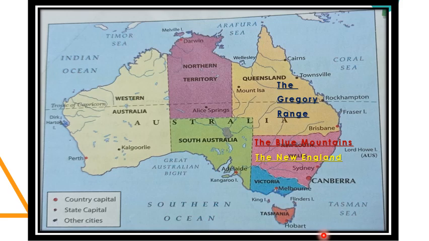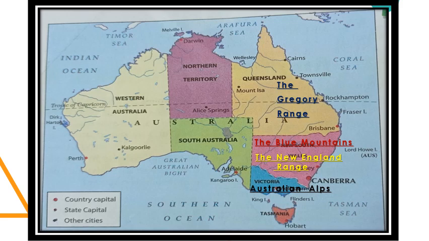Coming down, after New South Wales we have the Victoria state. In the Victoria region, the Eastern Highlands are called the Australian Alps. So three states, three different names.